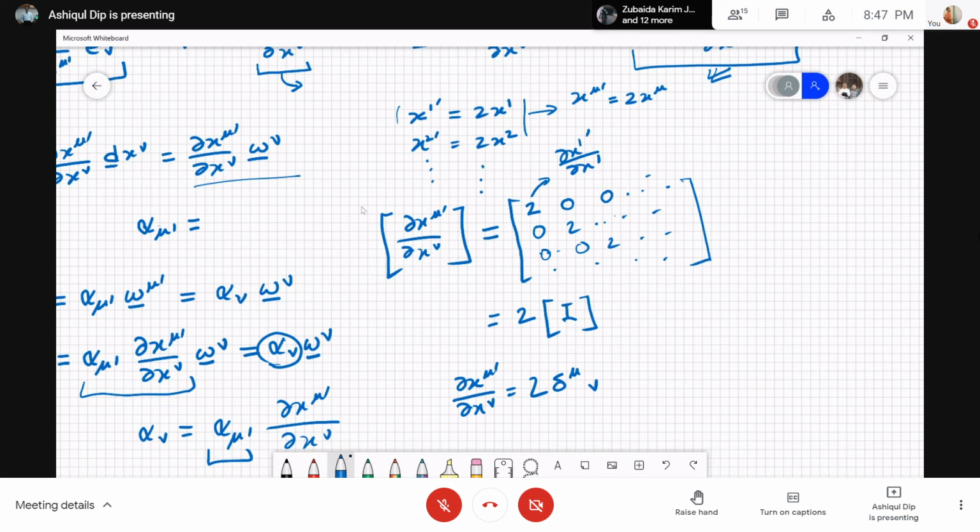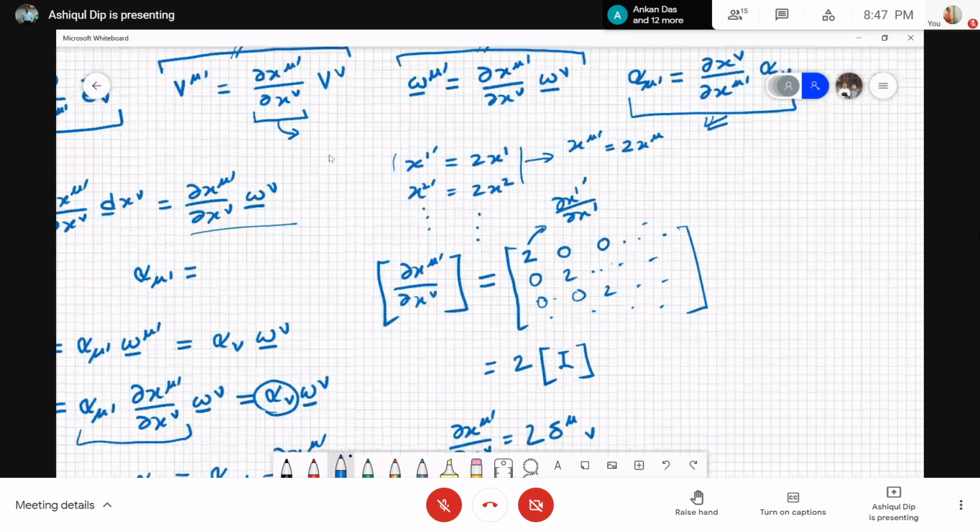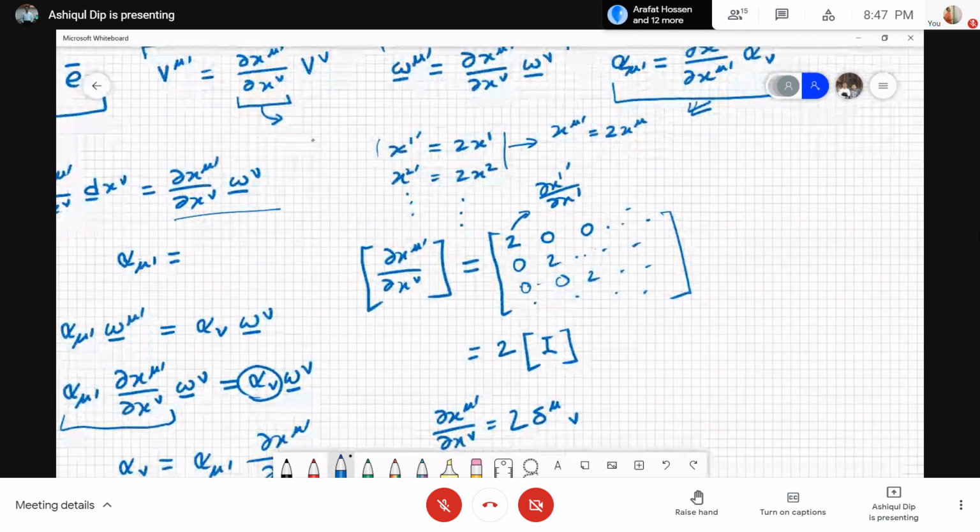This is one case where the mu prime notation is disadvantageous, but we know what we're doing, so it's not a problem. So by doing that, our v mu prime would be twice Kronecker delta mu nu v nu, which is twice v mu, right?